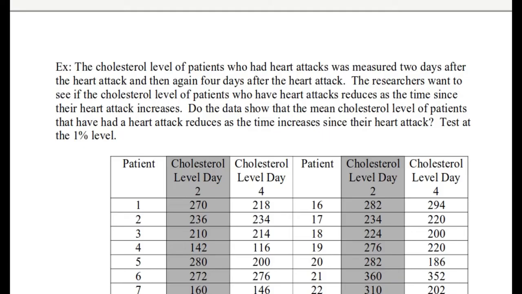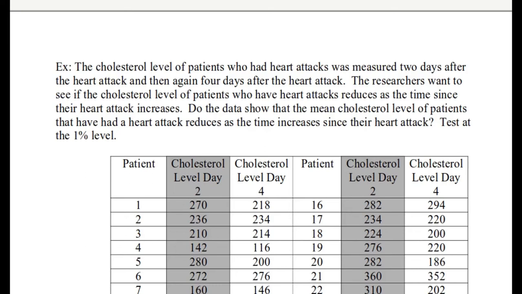In other words, does the amount of cholesterol go down from 2 days after a heart attack to 4 days after a heart attack? Do the data show that the mean cholesterol level of patients that have had a heart attack reduces as the time increases? So that's our alternative hypothesis. We're going to say we're testing to see if that is indeed the case. And it says to test at the 1% level of significance.